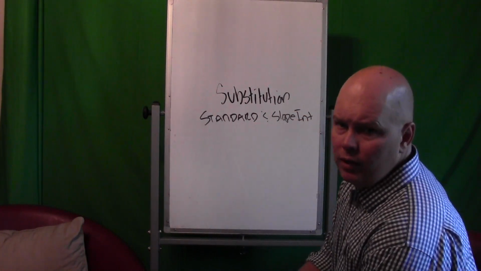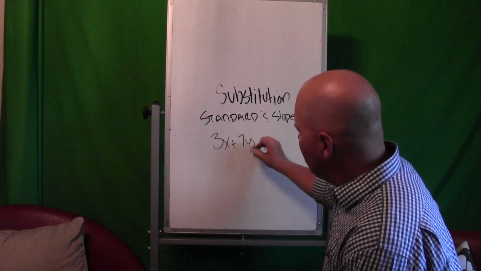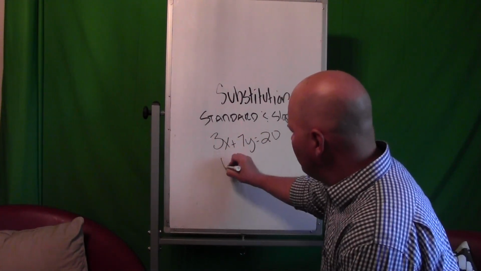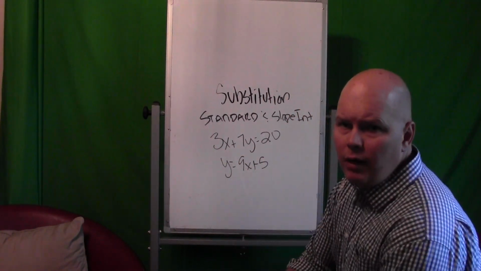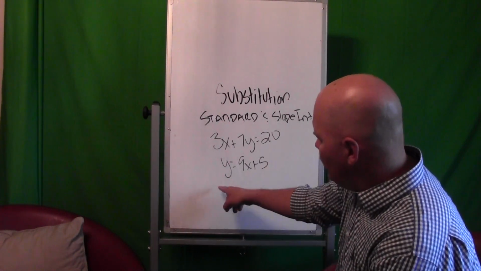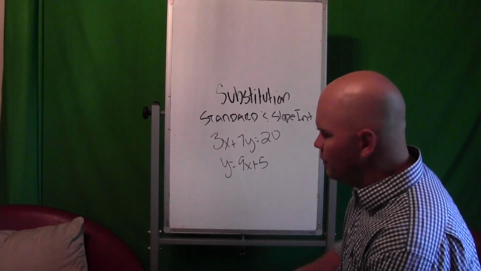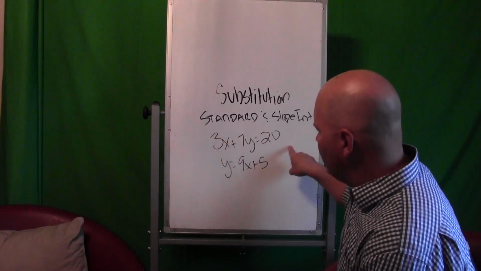Okay? And what that looked like on paper would be like 3x plus 7y equals 20 and y equals 9x plus 5. If we had those 2 equations, this is my slope-intercept equation because it's y equals something times x plus something. So this format, and then the standard format's up here.